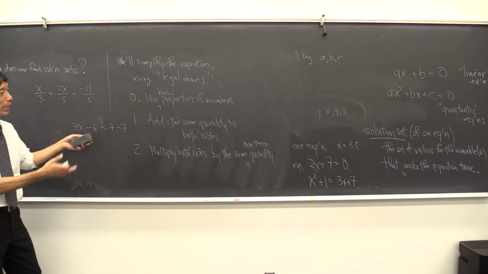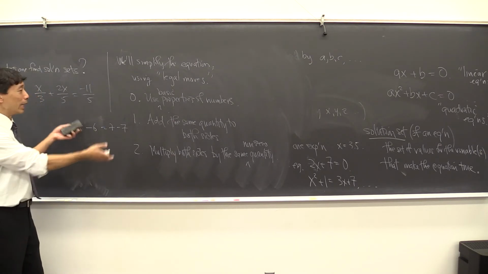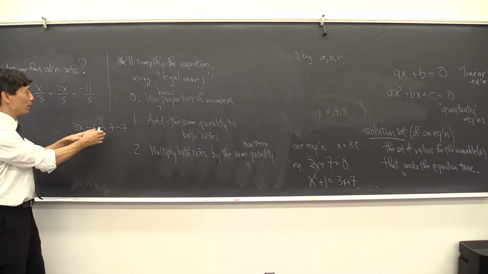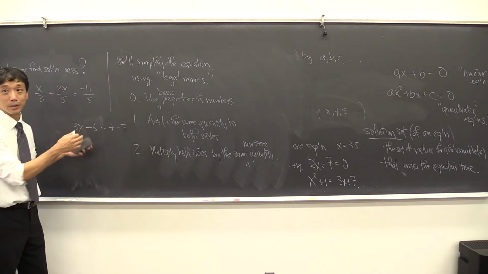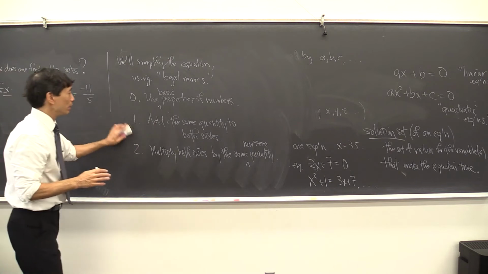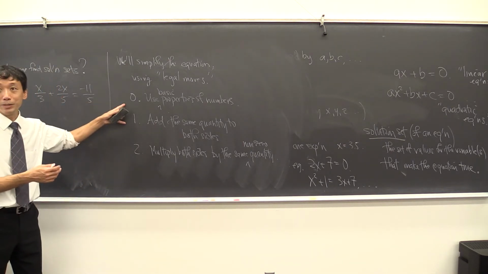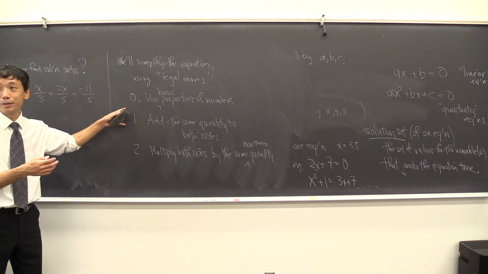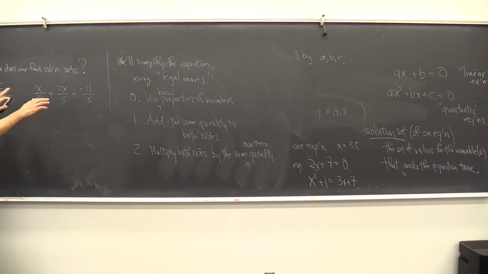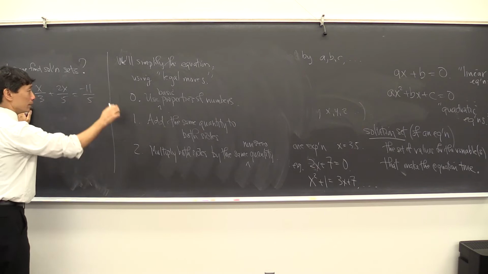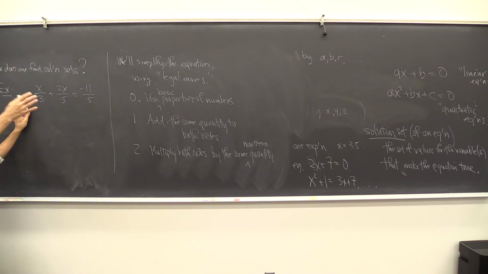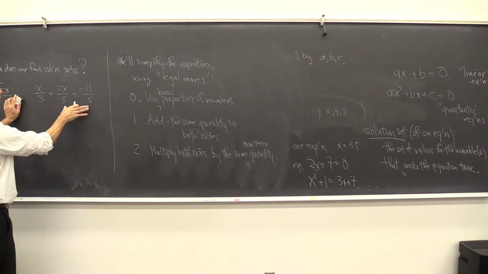So you have to subtract the same thing from both sides, and add the same thing. There are all sorts of things you can do, but you're only allowed to do the ones that don't change the solution set. These are the ones we're going to stick with for the moment. Okay, suppose we want to do this.